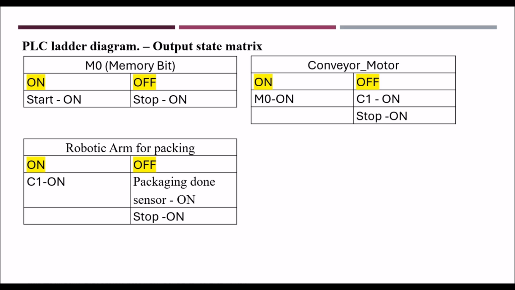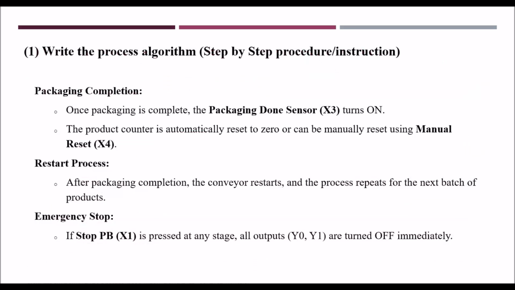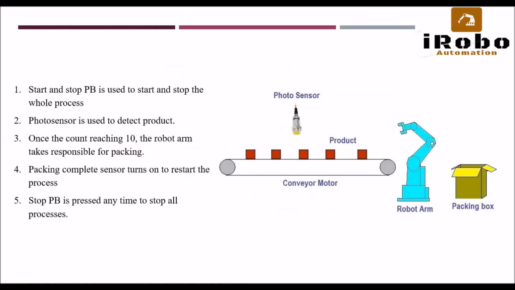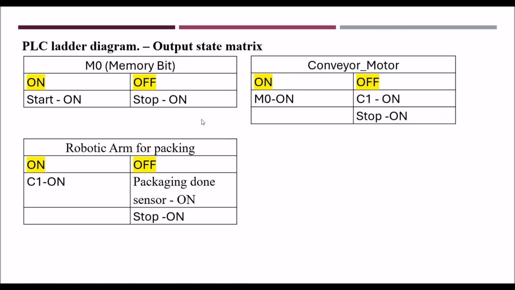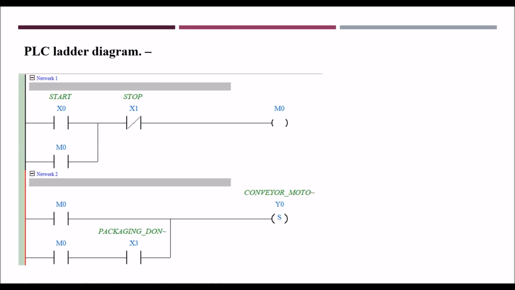There could be around 20 applications. You cannot remember those things. So this output state matrix is developed based upon the schematic diagram. That means this diagram you have to refer. Based on this, you have to develop the output state matrix. Once you refer to the output state matrix correctly, then it is easy to develop the PLC ladder logic.